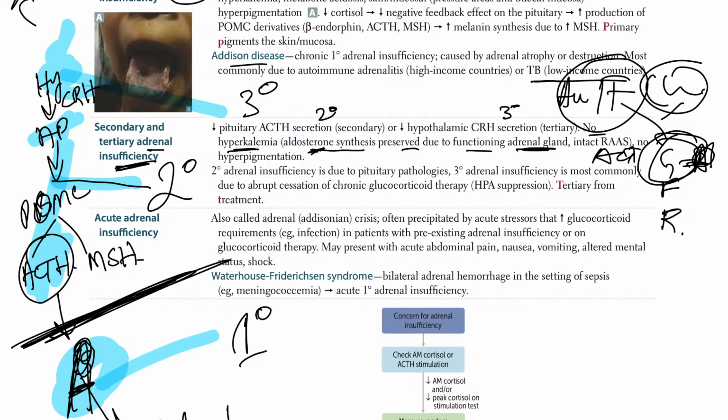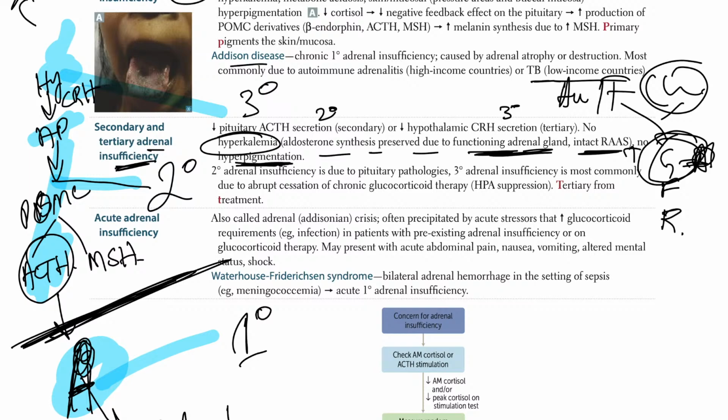So aldosterone is normal. When aldosterone is normal, you will not see hyperkalemia. In fact, what you will see is hypokalemia. Opposite, right? But remember, no hyperkalemia, important. And I'll tell you the differences in a bit, but let's just read it here. Aldosterone synthesis preserved due to functioning adrenal gland because of intact RAS. No hyperpigmentation.